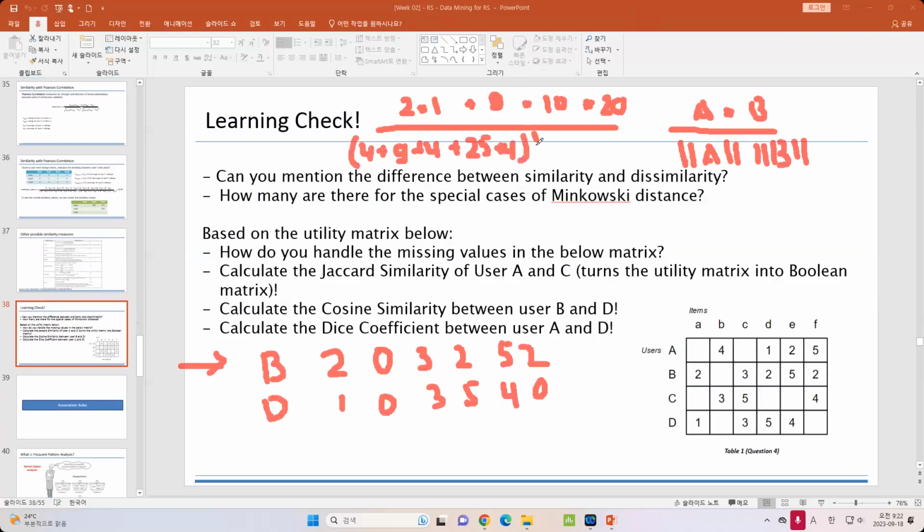And then we do the power of half, because we need to do the square root. Multiply by 1 plus 0 plus 9 plus 25 plus 16, and then power of half.